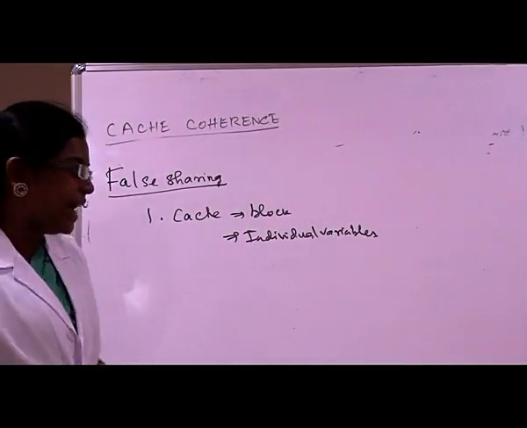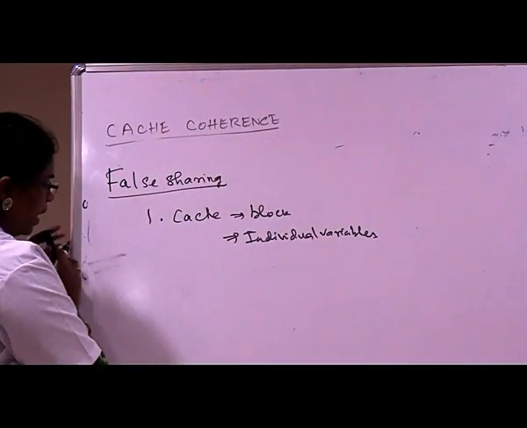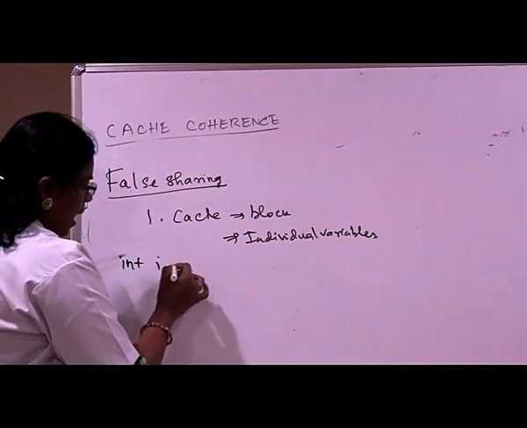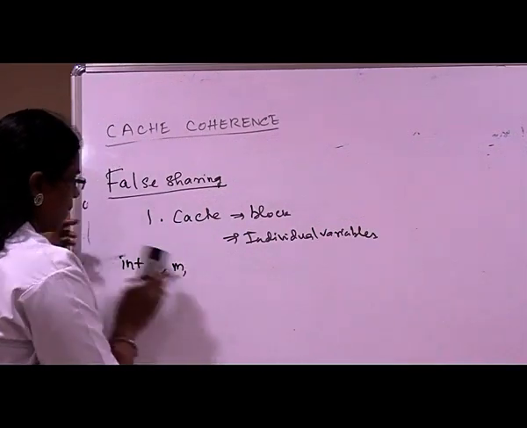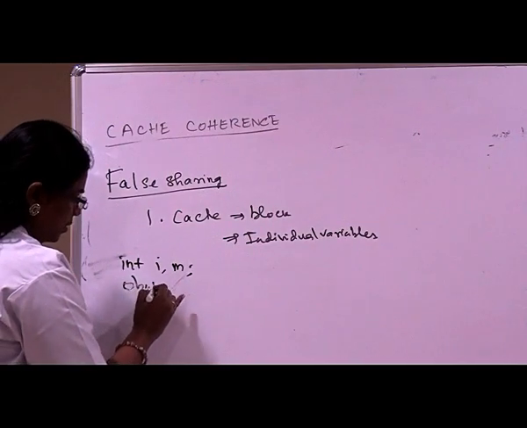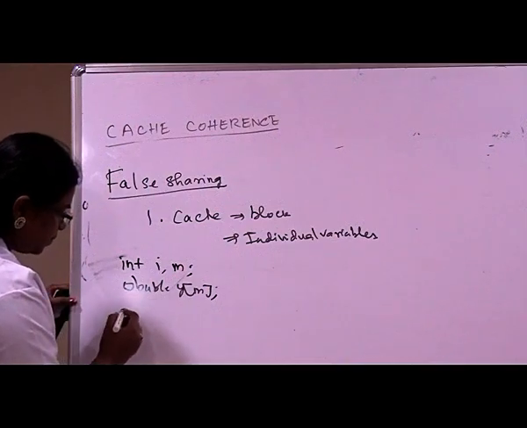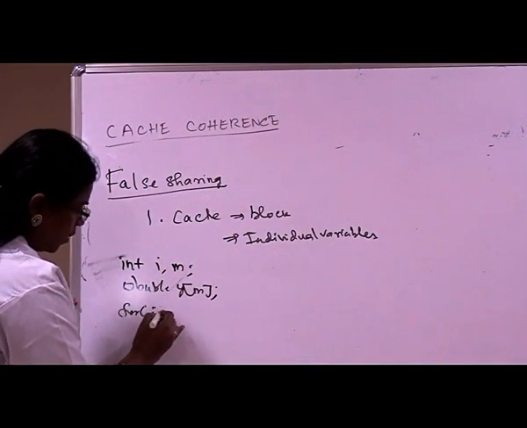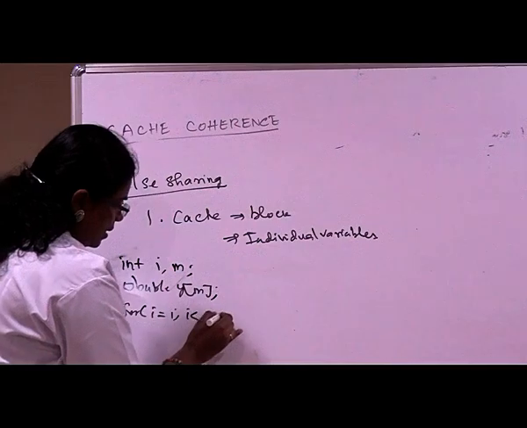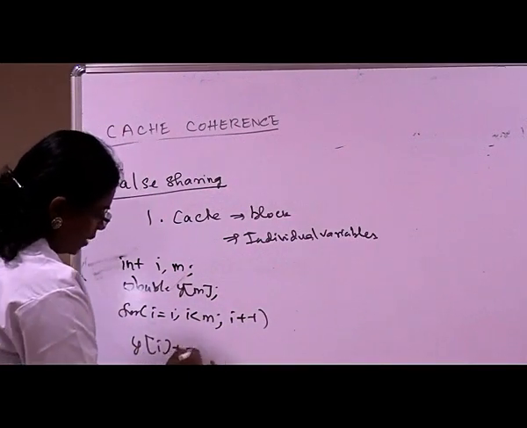To explain that, I have some code: initially int i, m, and double y of m, for i equal to 1, i less than m, i plus plus, I have to add the value.